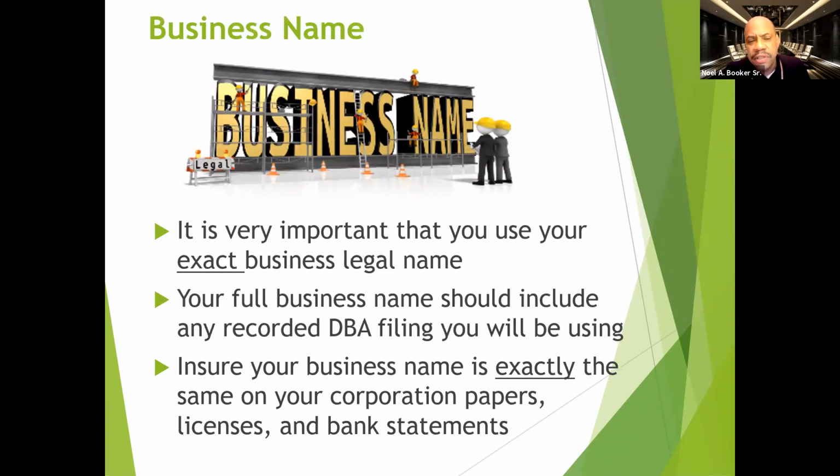And you start with your business name, all right? So it's very important that you use your exact business legal name, okay? Ensure your business name is exactly the same on your corporation papers, licenses, and bank statements. So where you start is the Secretary of State.